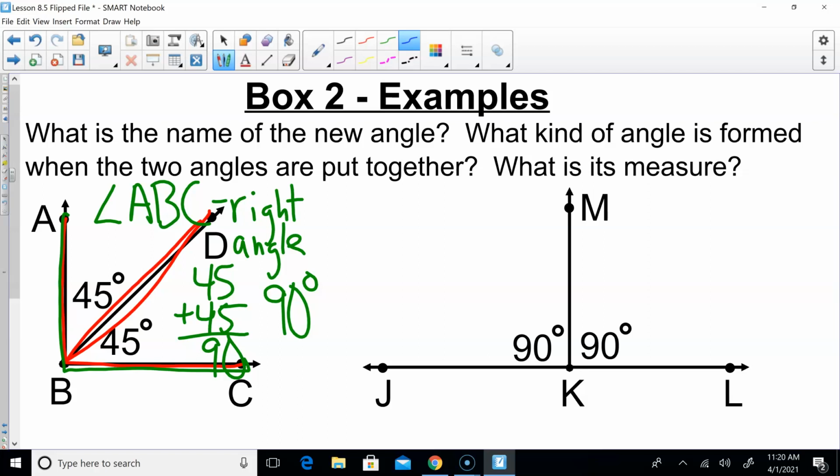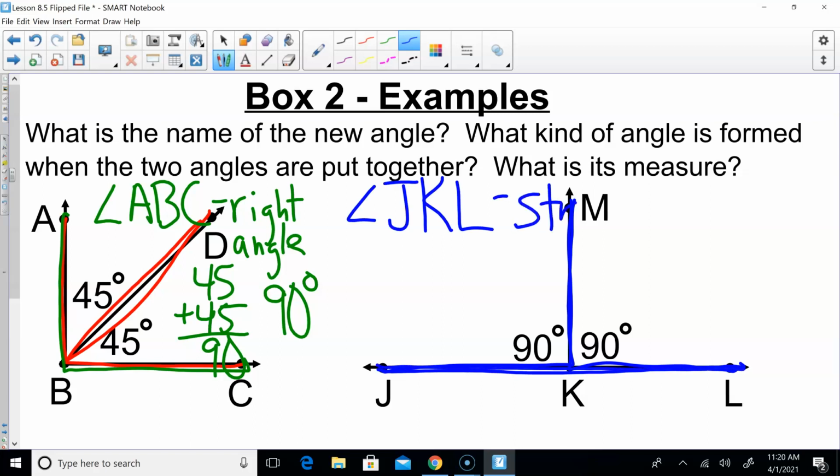The next one we have, our two angles are JKM and LKM. Those are two angles. So we have our new angle of JKL. So angle JKL. And we know that if it's an angle that looks just like that, it would be a straight angle.